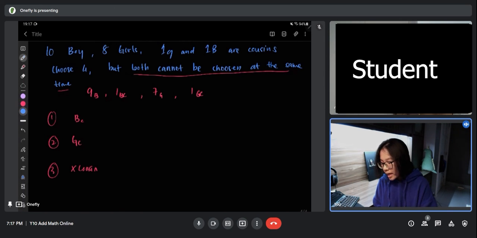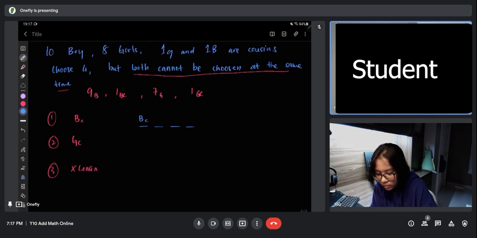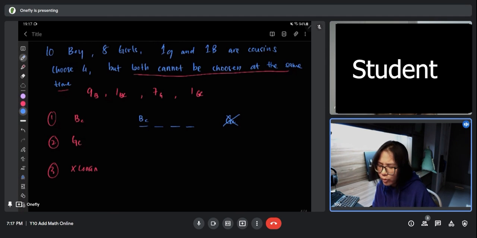If I only have the boy cousin, if I fix a position for the boy cousin, I am left with 3 other positions to fill in. How do I fill in those other 3 positions given that I do not consider the girl cousin? 7C2. Nope. Why C2?